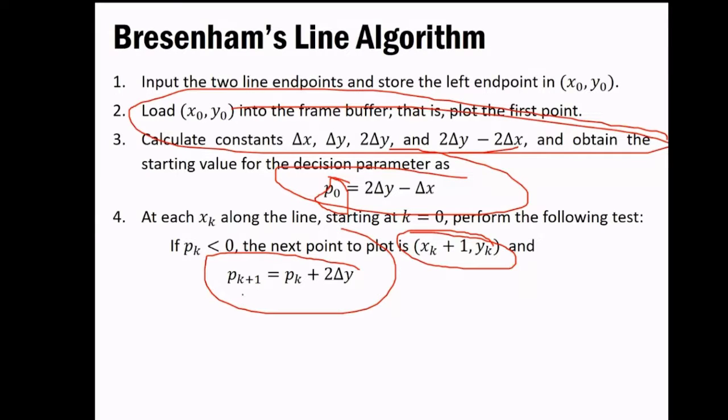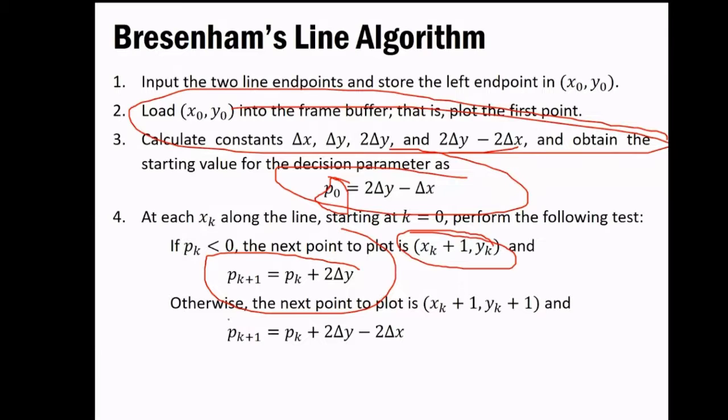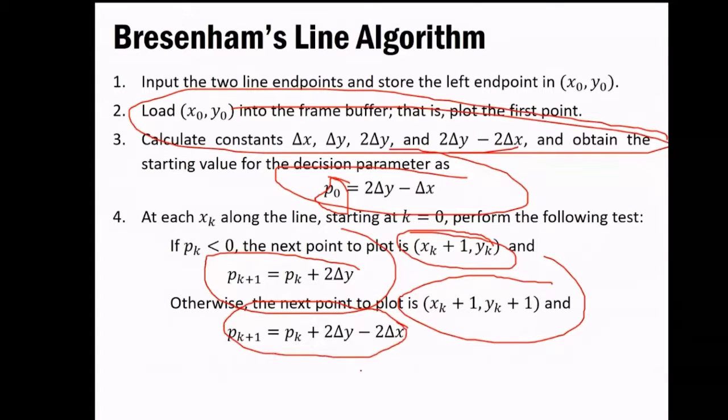Just now we have derived this. If this is not the case, and it is greater than 0, then you have to increment the x value as well as the y value. You increment both in this iteration, and the new decision parameter in our hand is pk plus 2 delta y minus 2 delta x.